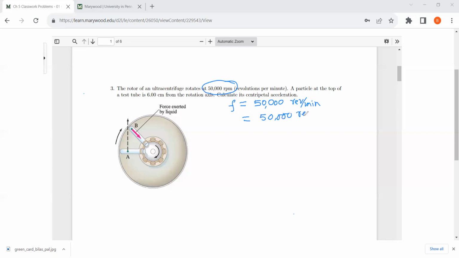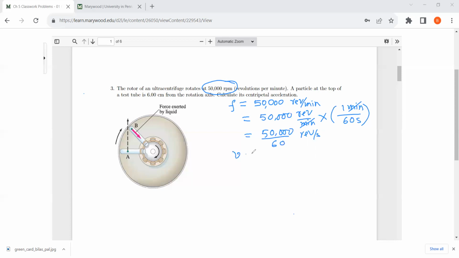So rev per minute, and then 1 minute divided by 60 seconds. The minute cancels out, so 50,000 divided by 60 rev per second. This is the frequency in revolutions per second in standard international unit. Again we have to calculate the centripetal acceleration.